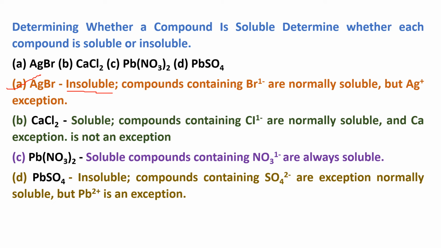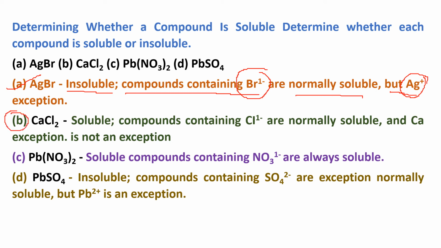AgCl is insoluble because compounds containing Cl minus are normally soluble, but due to the presence of the Ag plus ion, it is an exception, so that is why it is insoluble in water.